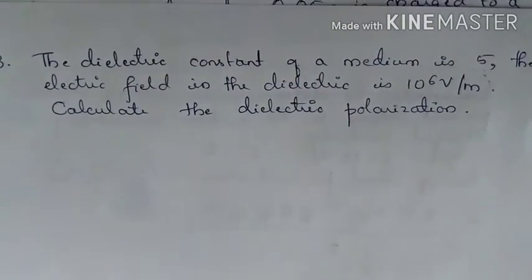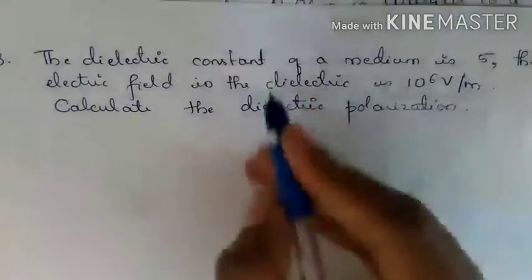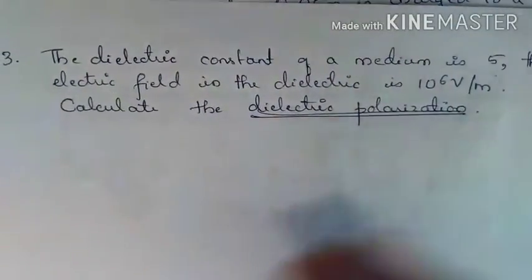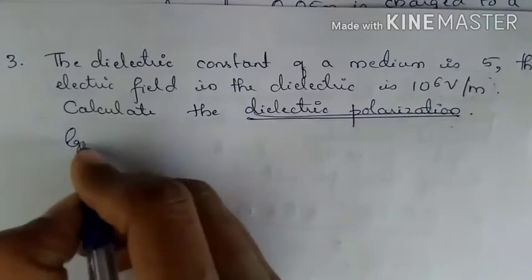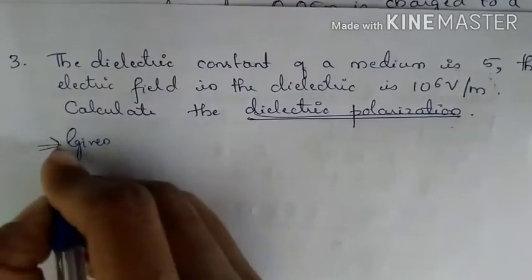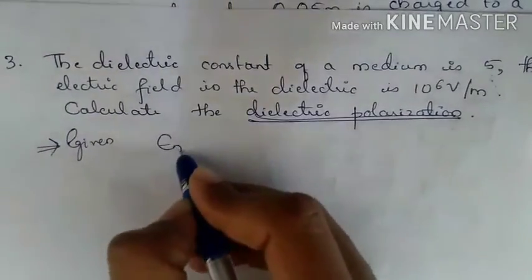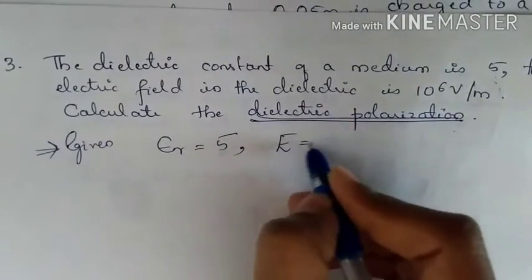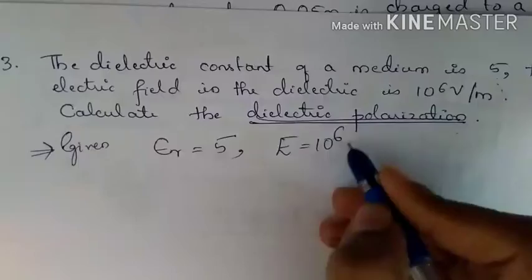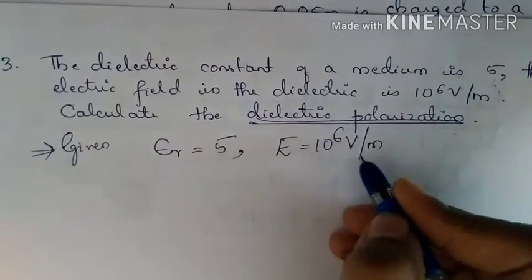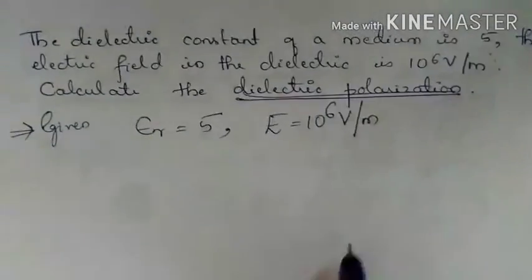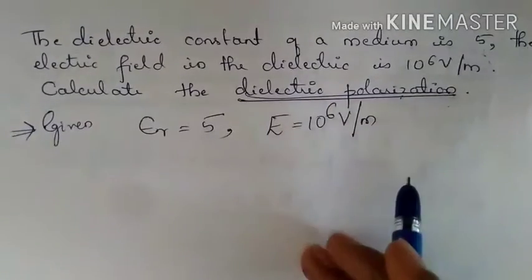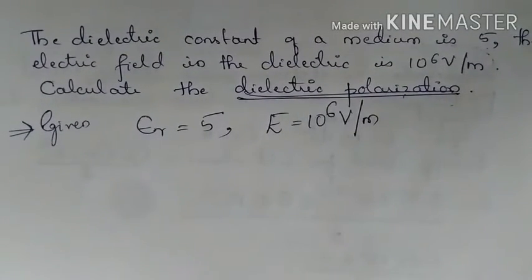Now what do we have to calculate? We have to calculate the dielectric polarization. So epsilon r is equals to 5, E is equals to 10 power 6 volt per meter. To find the dielectric polarization, you should know the expression for it.